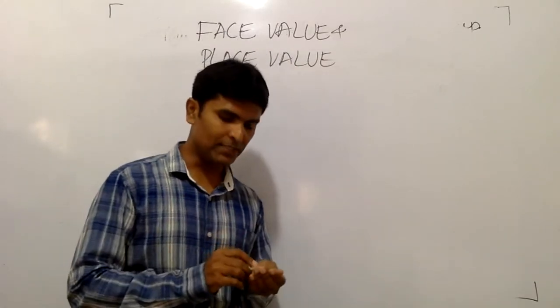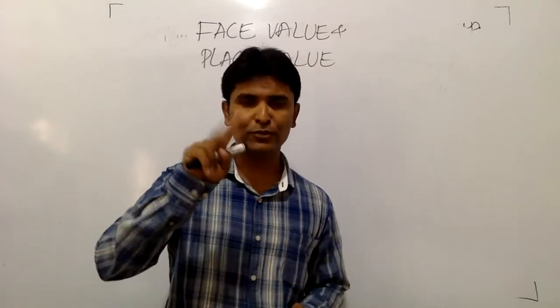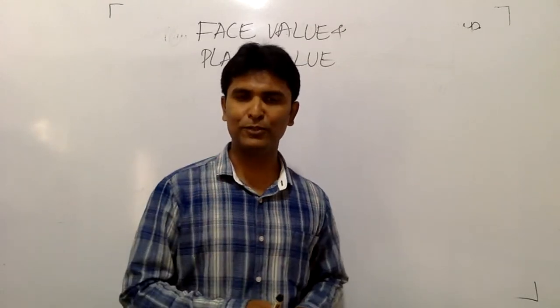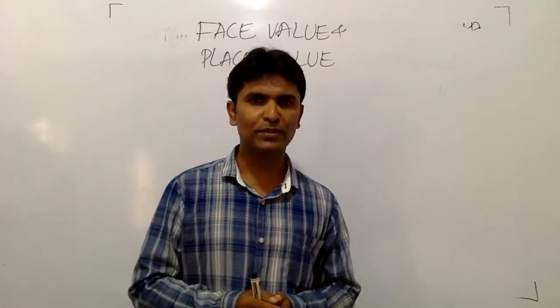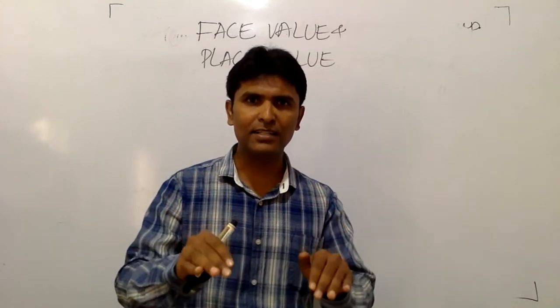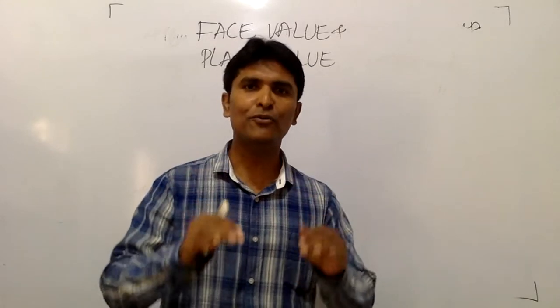You all know about that. Every digit in a number has two values. One is face value and another one is place value. So what is face value? The value of the digit itself is called the face value.